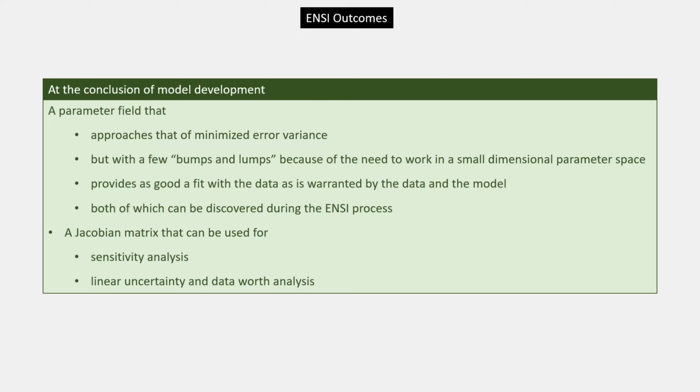There could be a little bit of bias there, but that's the cost of being able to do this at all, given the large number of parameters that a structurally complex model requires to do its decision support job. At the same time, at the end of the modelling process, we have a sensitivity matrix, a Jacobian matrix that we can use to provide statistics associated with the parameter field that we've just come up with, and can also be used as a basis for linear, parameter and predictive uncertainty analysis.